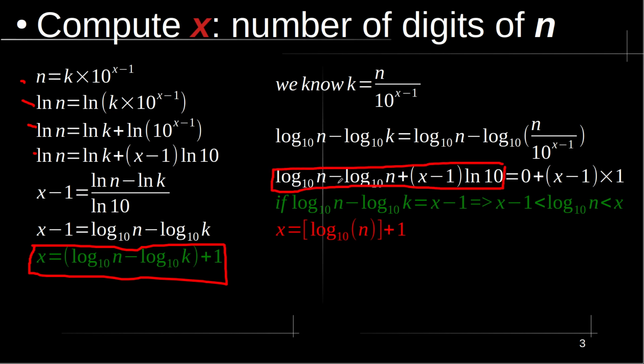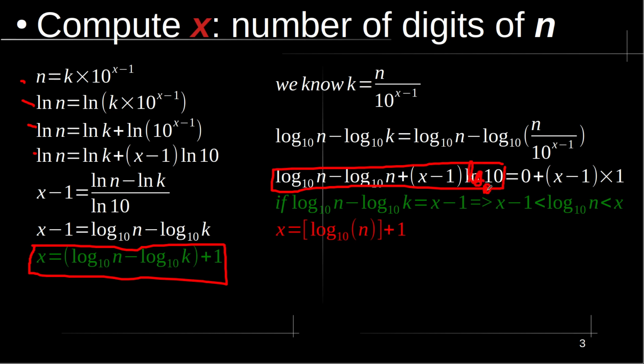Logarithm base 10 of n minus logarithm base 10 of n plus x minus 1 times logarithm base 10 of 10. Here this is not the natural logarithm, sorry, it is logarithm base 10.